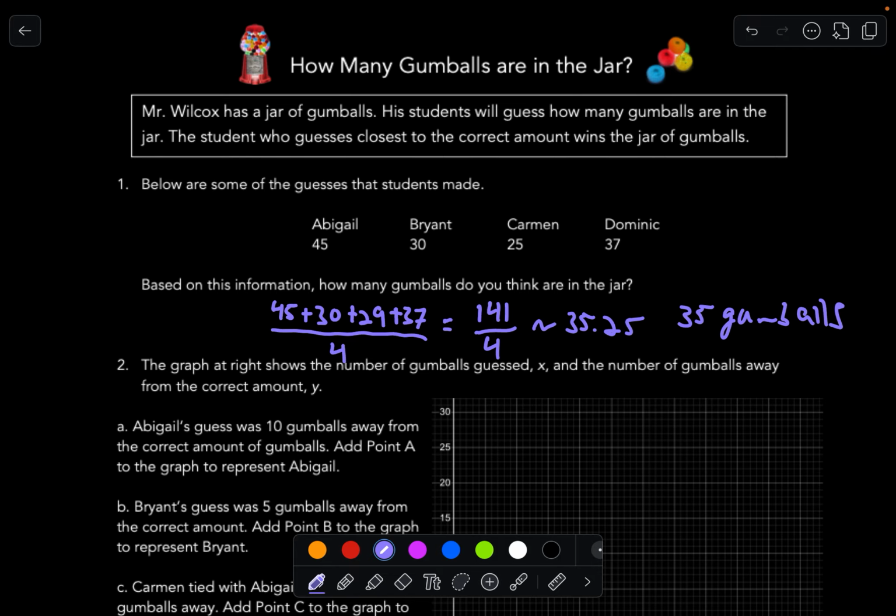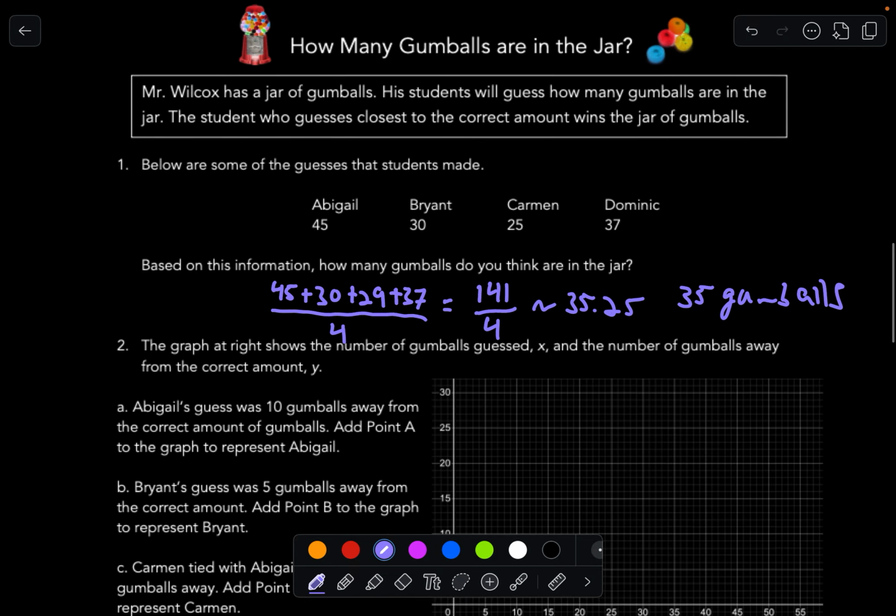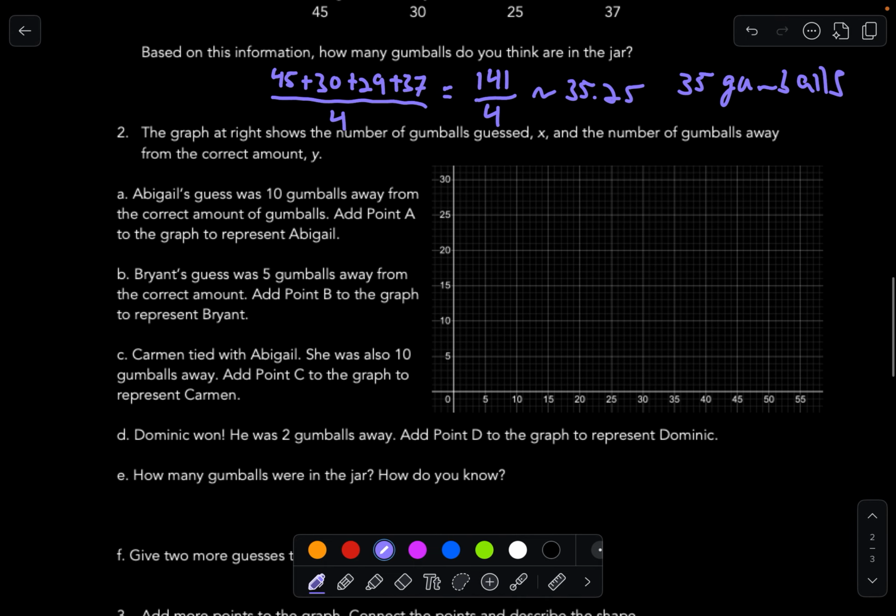Now, here's some information. The graph at right shows the number of gumballs guessed, X. So this is number of gumballs guessed. And the Y is the number of gumballs away from the correct amount.